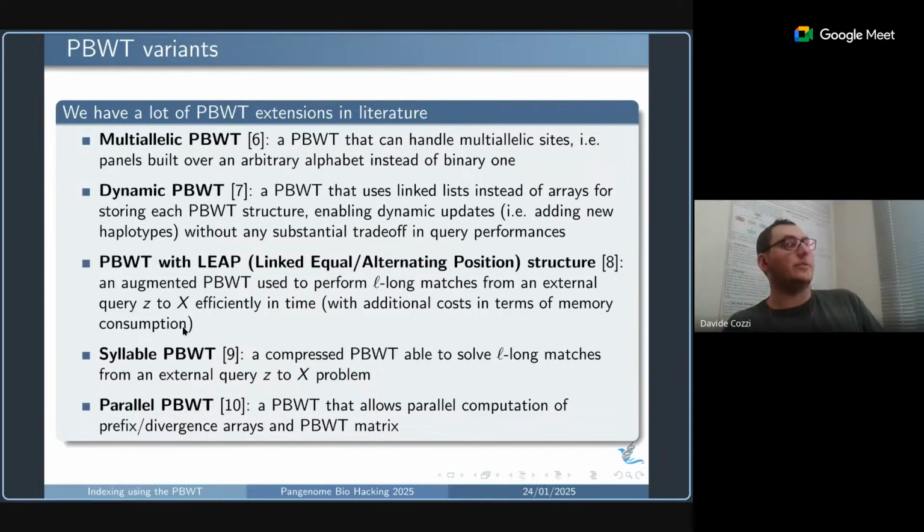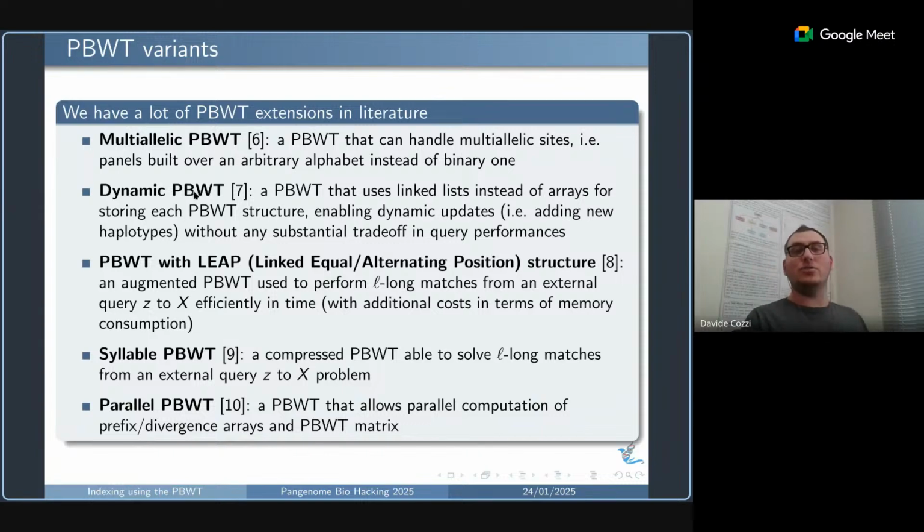So this is an overview of the main problems, but the development of the PBWT doesn't stop with Richard Durbin. We have a lot of variants and extensions proposed in the literature in the last, more or less, 10 years. As introduced before, we can have the multi-allelic PBWT, so we are not focused on a binary alphabet, but an arbitrary one.